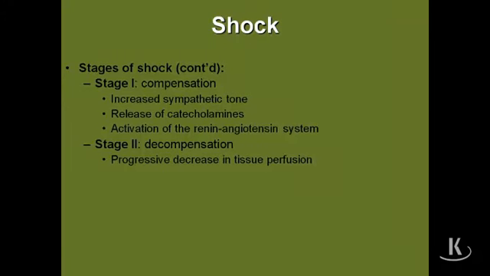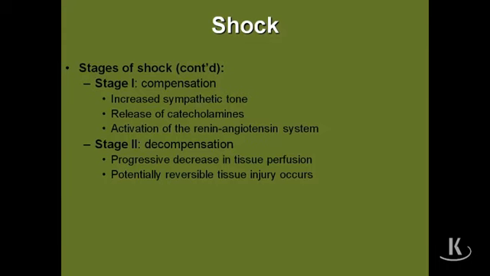The second stage: despite these reflexive mechanisms to maintain perfusion, you'll get to a situation where they're not enough and you have decompensation. This decompensation is going to lead to decreased perfusion, and now you're going to go from an aerobic state to an anaerobic state, and you know from biochemistry that glycolysis is not a very efficient way of producing enough ATP to meet the metabolic needs of tissues, especially neurons, cardiac cells, and tubular cells in the kidney.